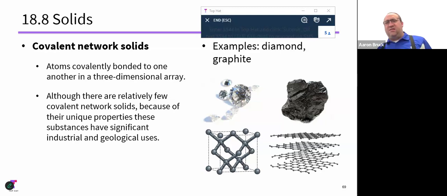Here we have two different examples of carbon: diamond on the left and graphite on the right. Both of these qualify as covalent network solids. What you have in diamond is a structure where every single carbon is bonded to 4 other carbons, and bonded covalently to those 4 other carbons.